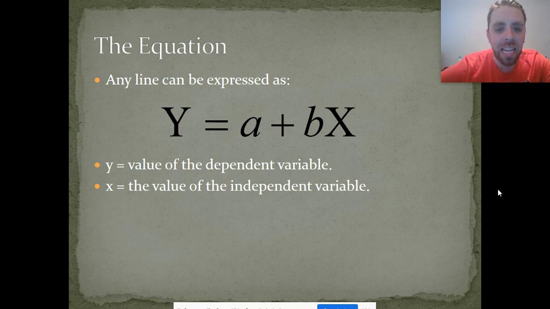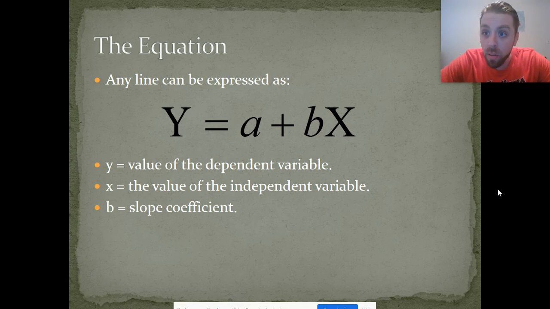So then b is going to be the slope coefficient. It's a measurement of how steep or mild the change in the line is. A very steep line will have a large value for b. A very flat line will have a very small value of b.